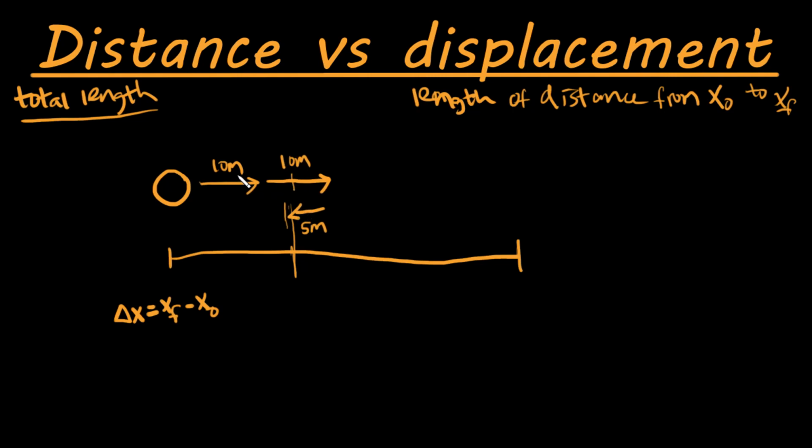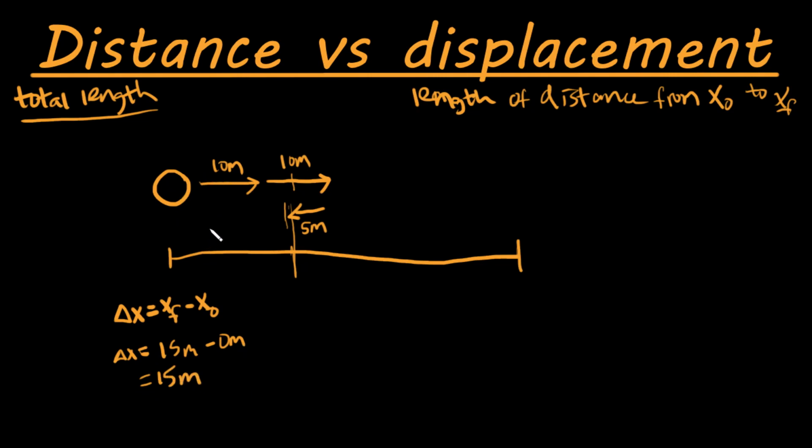And we get that because we have our x final position right here, which would be 15 meters. So x final 15 meters minus 0 where we started, our initial position. So our change in x, or displacement, is going to be equal to 15 meters in this case.